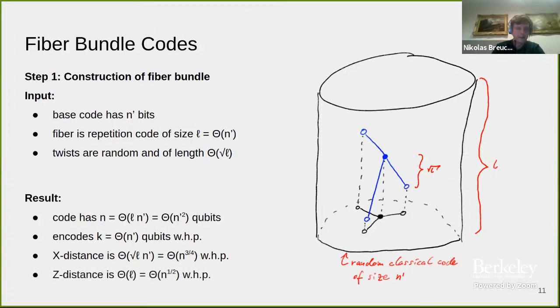And that distance essentially scales with L. So this means we get a distance of n to the 1/2. Okay, but as you can see, we are still limited by the z distance. So if the distances are different, we agree that we take the lower one. So we are still limited in this case.